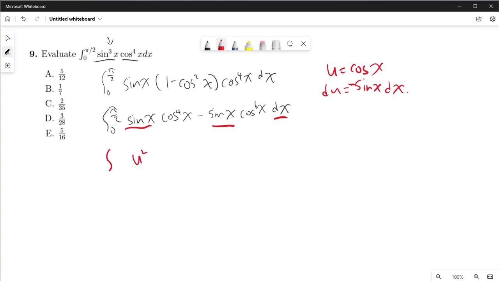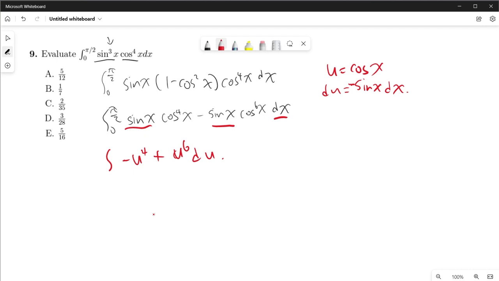Just negative u to the 4th plus u to the 6th, and that's du.